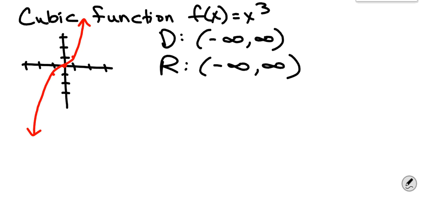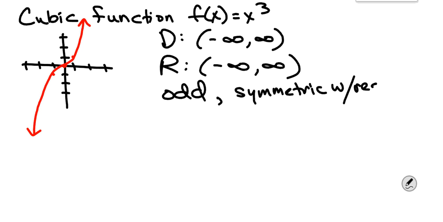And this function is odd in two ways. We know that if I put f of negative x, I get negative x to the third, so it's the opposite. And graphically, if I rotate it about the origin, then it would have that symmetry. So it is odd, and it has symmetry with respect to the origin.